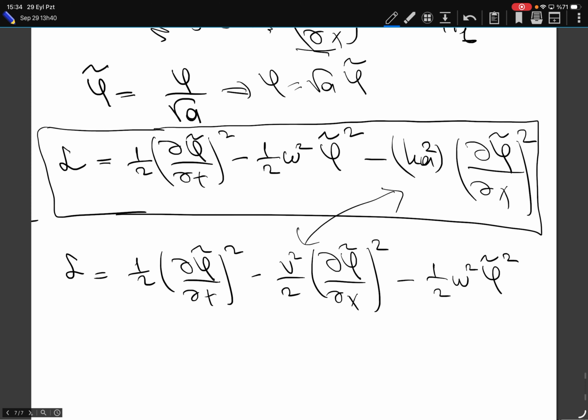I will also get rid of that v and move it to the first term. It's just changing the normalization, nothing else. It's up to you whether you want the first term coefficient 1/2 or the second term coefficient 1/2, it's completely arbitrary. You can choose whichever one you want.